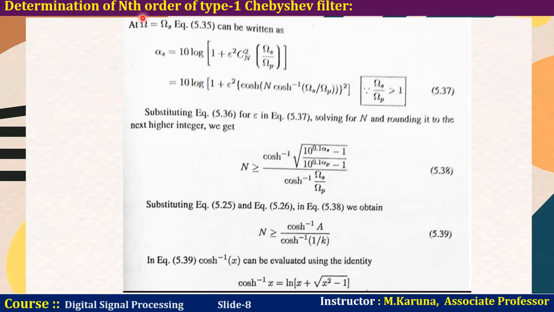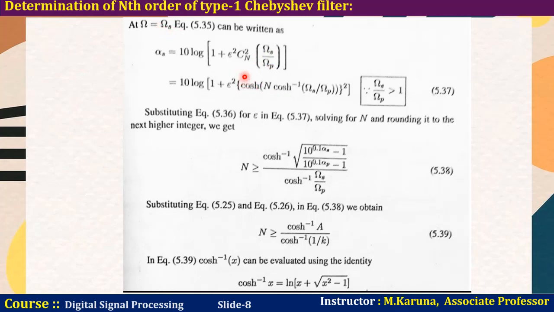Now let us substitute omega equal to the stop band frequency. Here we are substituting omega s in place of omega, so alpha s equals 10 log of 1 plus epsilon squared Cn squared of omega s.